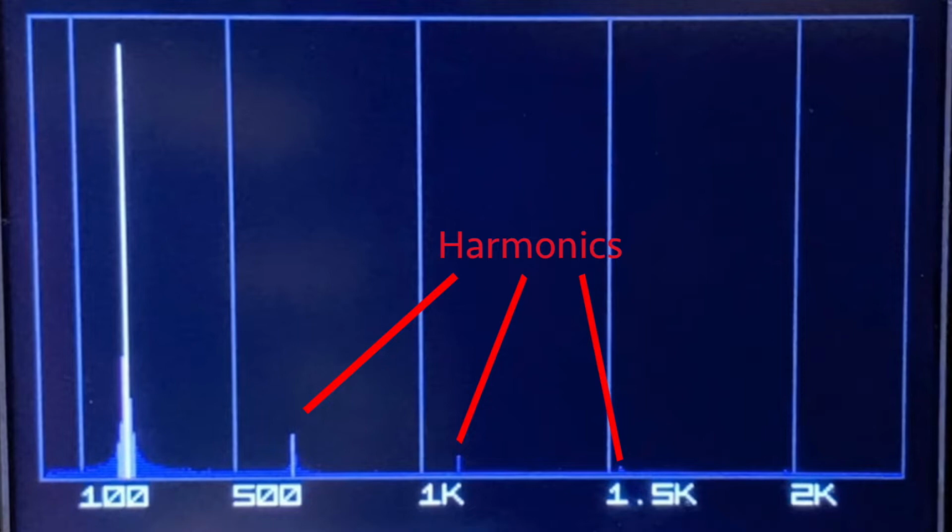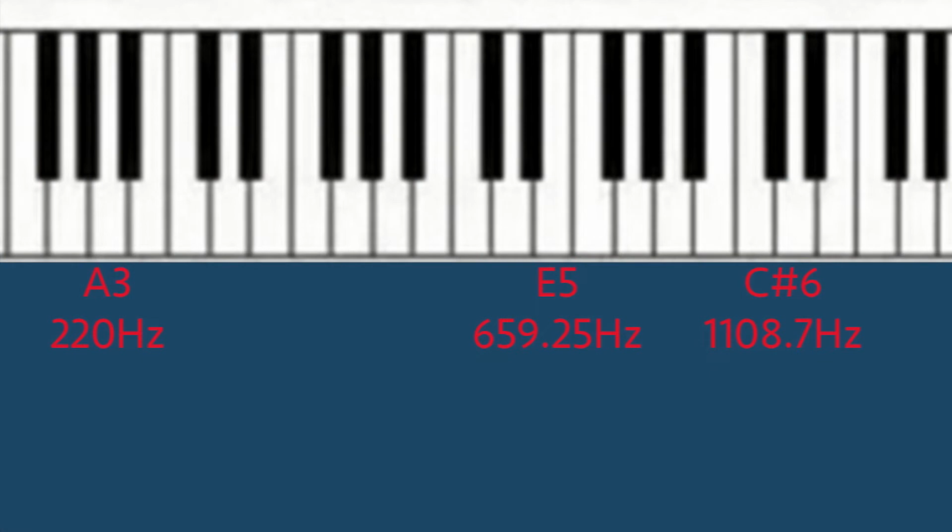If the fundamental frequency is 220 Hz, then the harmonics in the triangle wave are 220 times 3, which is 660, 220 times 5, which is 1100, 220 times 7, which is 1540, etc. The frequency 220 Hz is an A on a piano, and these harmonics are close to other keys higher up on the piano.